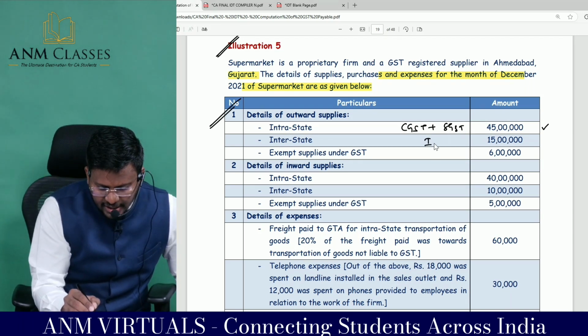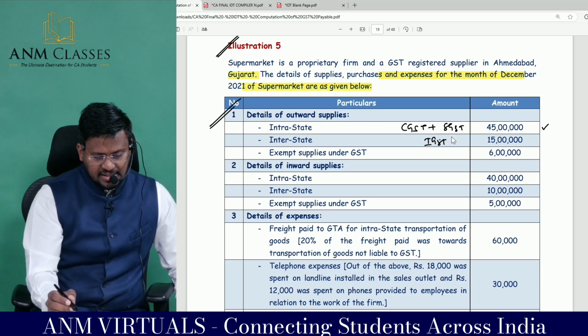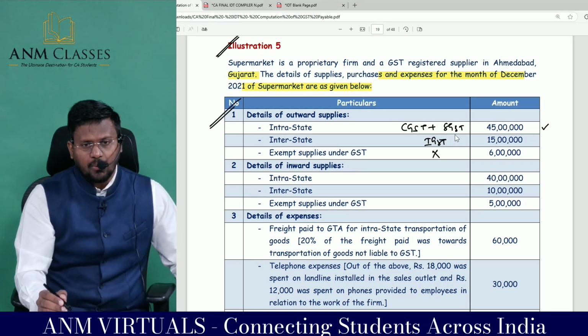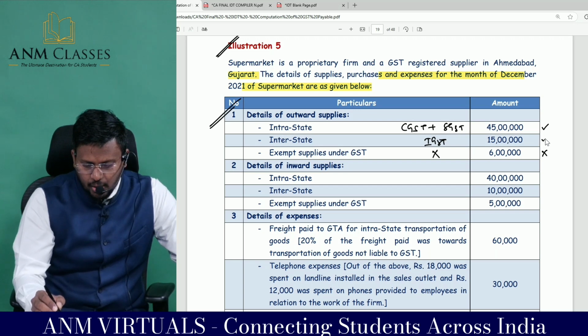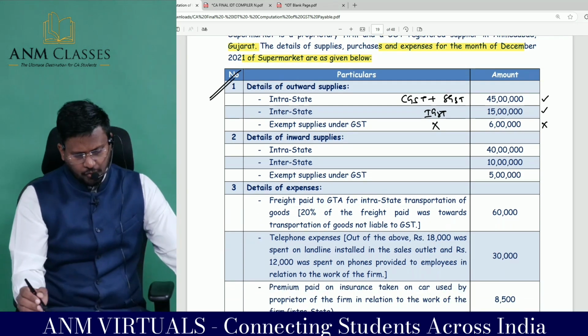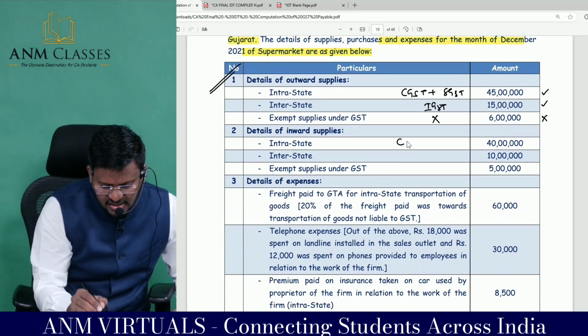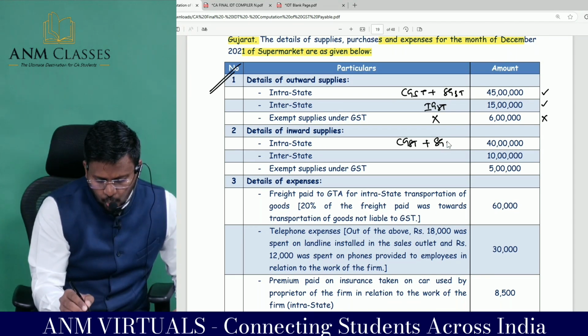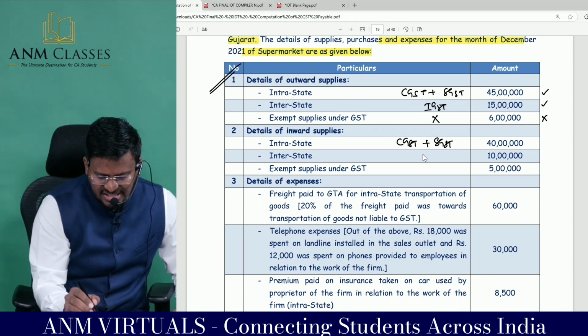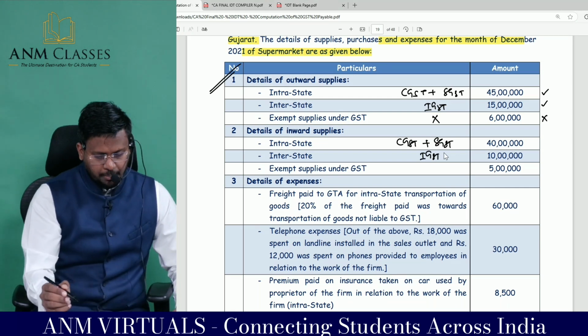Interstate supply, IGST has to be collected. Exempt supply under GST, it is covered under section 6 of the IGST Act, so no tax needs to be collected. Details of inward supply, intra-state supply, CGST and SGST would have been paid.